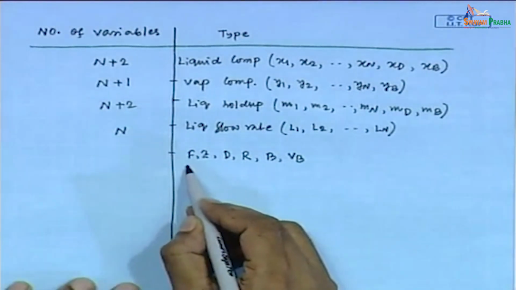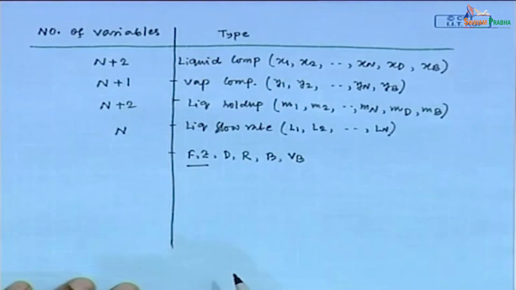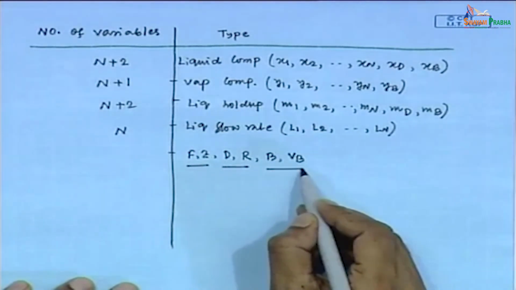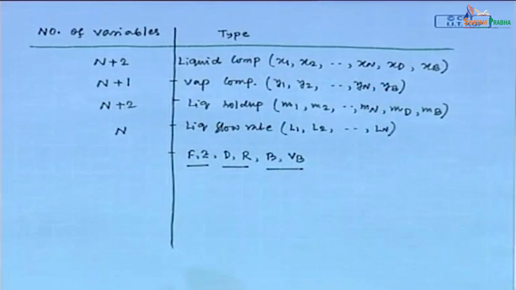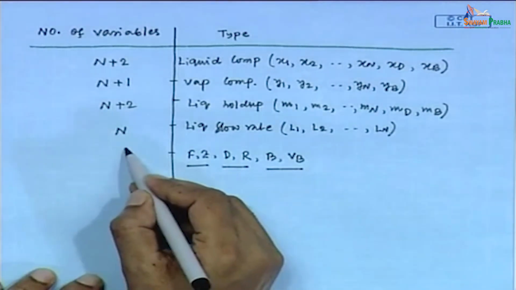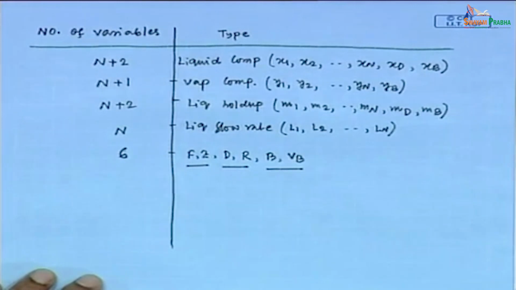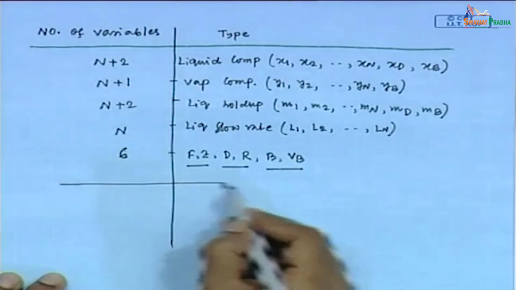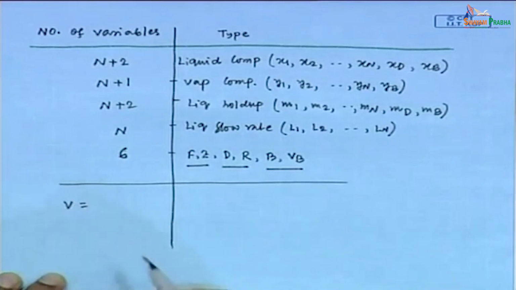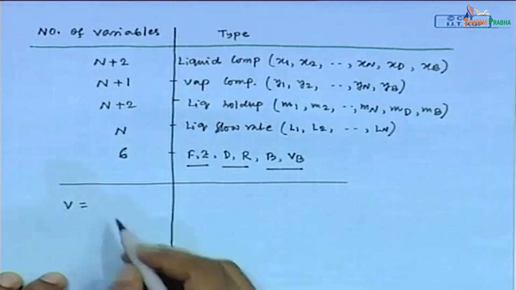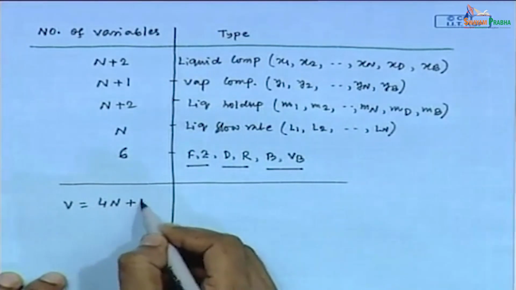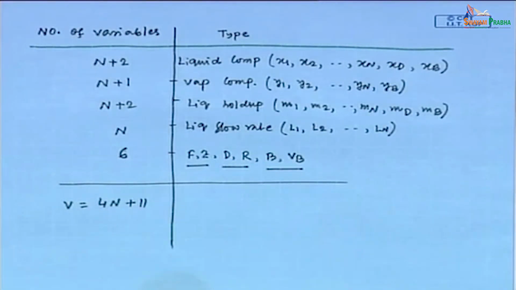So, these two are representing the feed, these two in the top section and these two we are considering for the bottom section. So, how many? 6. So, V equals how much? 4n plus 11. We got E equal to 4n plus 5 and we have just calculated V equal to 4n plus 11.